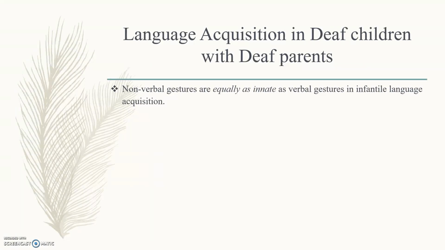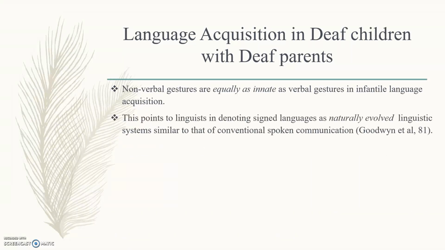Through that relay communication, they relay the message that, yeah, they want to go by their mom or they want this object. So nonverbal gestures are the first innate development in communication that starts the way or paves the way for language.